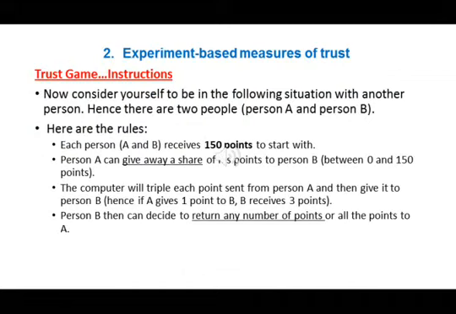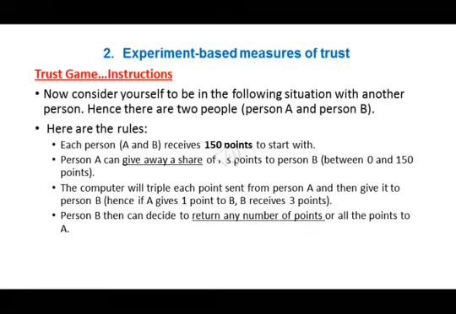So here are the instructions of the trust game in any economic experiment. Now consider yourself to be in the following situation with another person. Hence, there are two people in this game, person A and person B. So you know that you are playing this game with another person, but you do not know who this person is. Here are the rules. Each person, A and B, receives 150 points to start with as an endowment. Person A can give away a share of his points to person B, between 0 and the 150 points that he has.